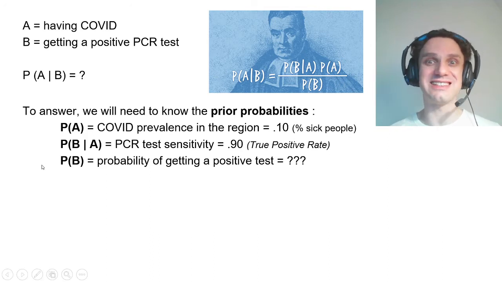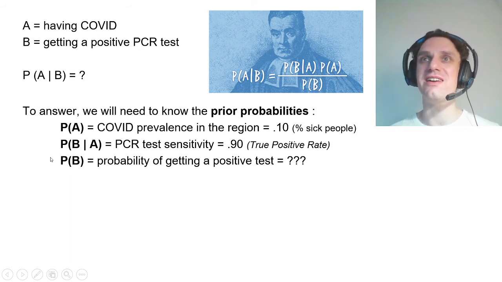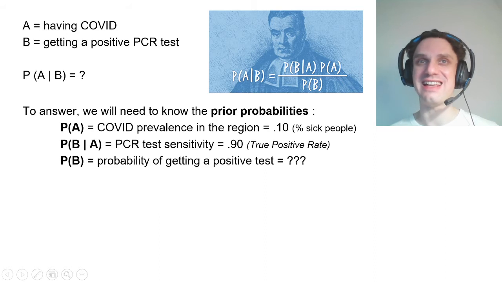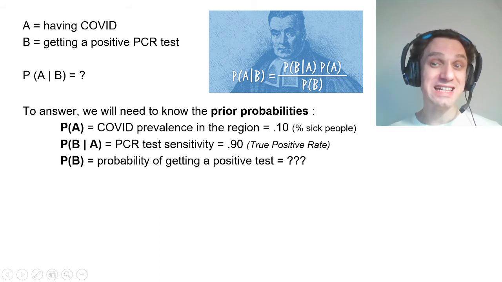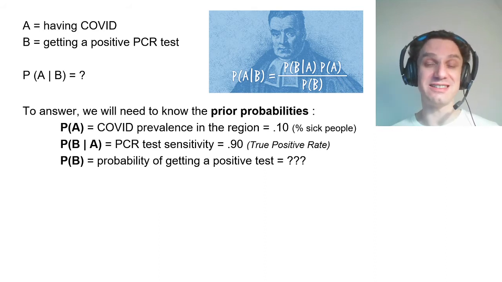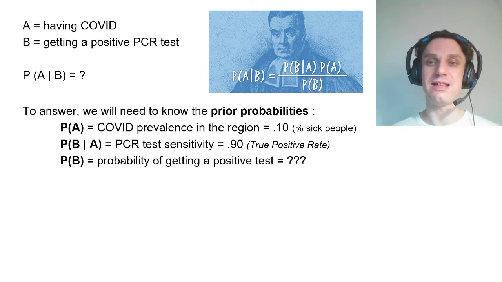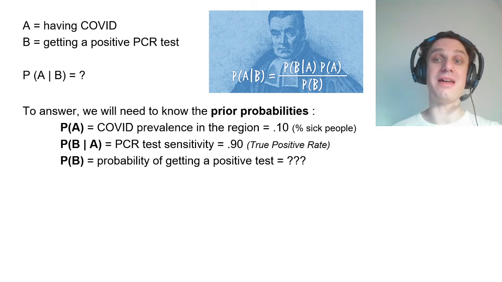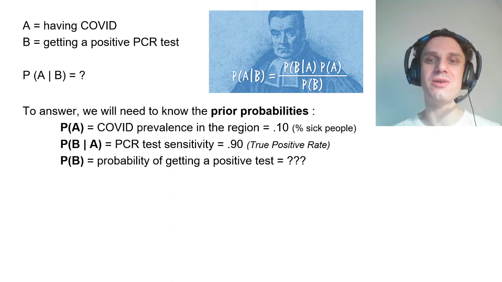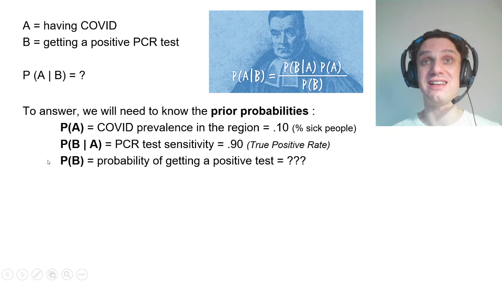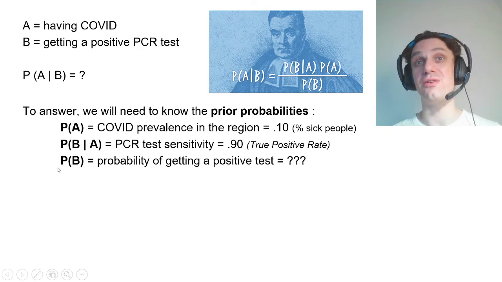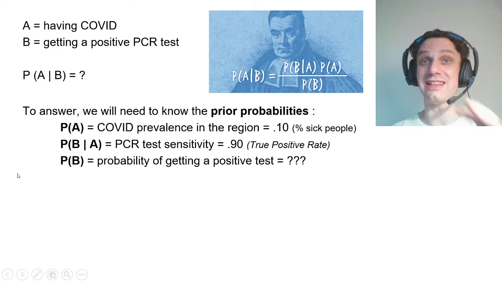And the hardest probability to come up with is this one, the probability of B, the probability of getting a positive test. And it's a full probability of getting a positive test. When can you get a positive test? Well, there are two situations. You can get it if you're sick, and you can get it if you're not sick by mistake. So in order to arrive at this full probability, we need to calculate these two probabilities and add them up.